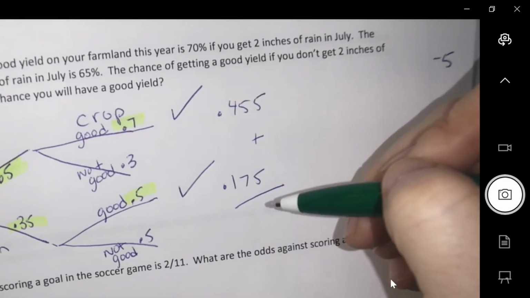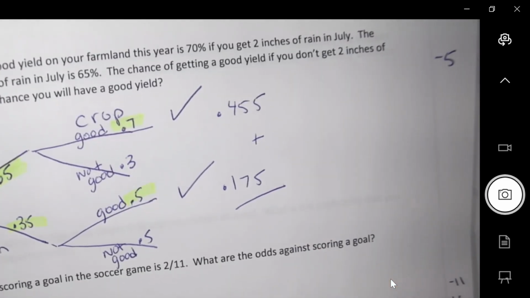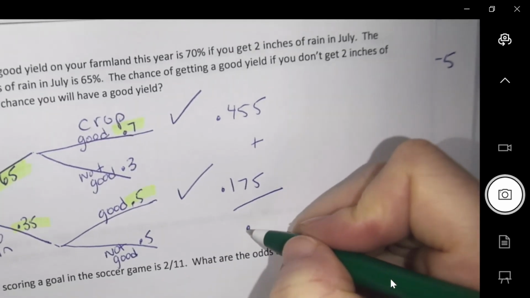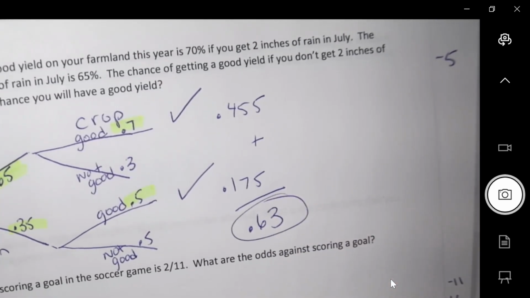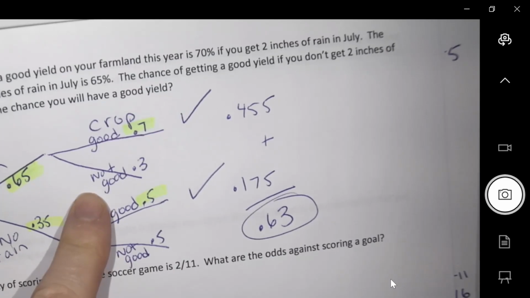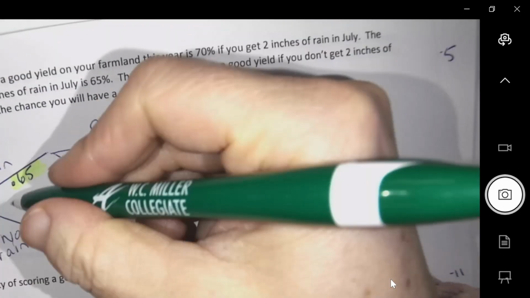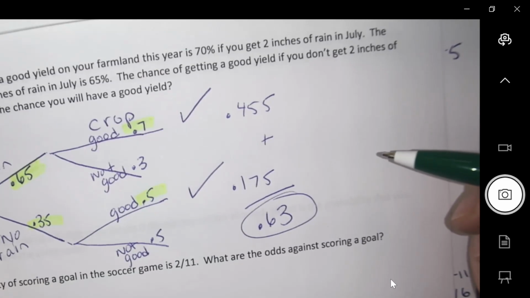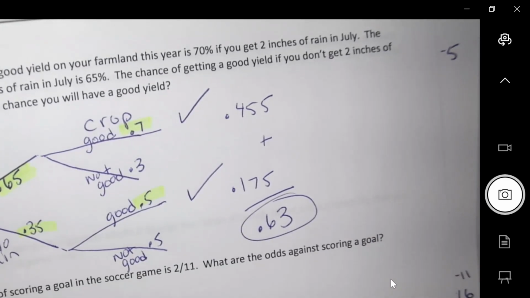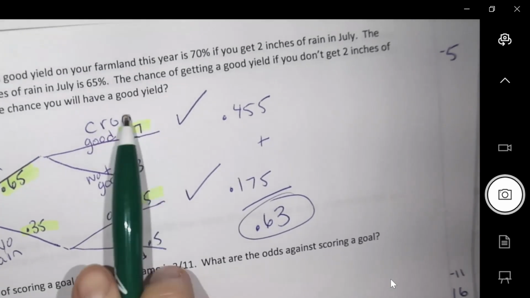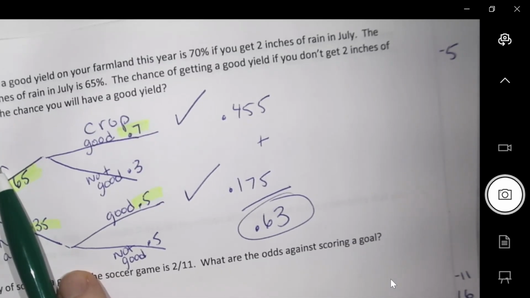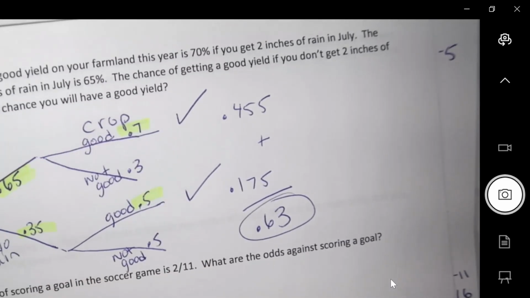So those were our times, and then the final is a add, right? 63% chance. Okay, I can guarantee you that one of those is on the test. So make sure you understand. If you want to write something down on your cheat sheet, this is multiply, situation at the end is you adding. Okay, and this event always is dependent on that event. The crop depends on the rain. Okay.